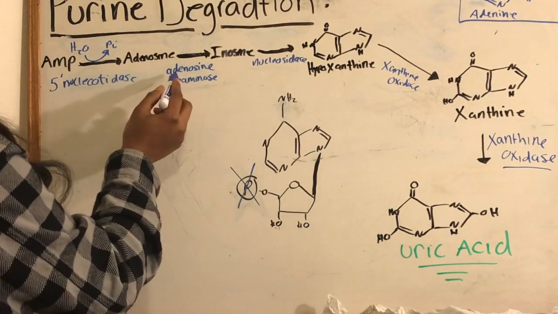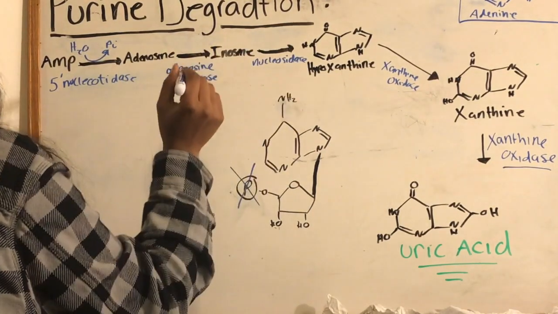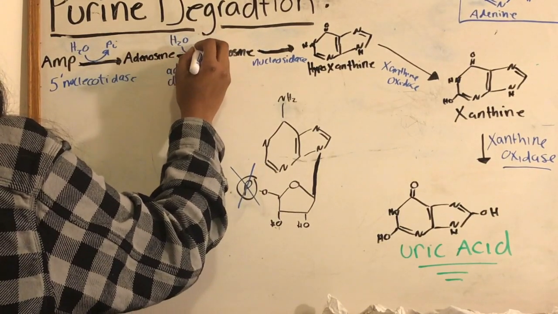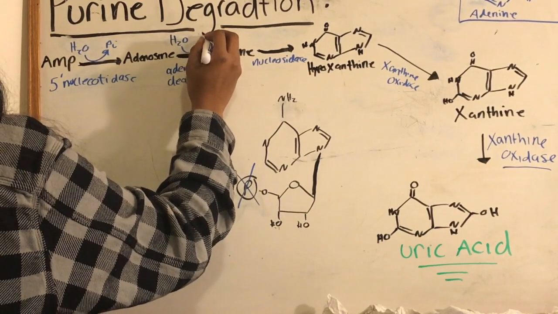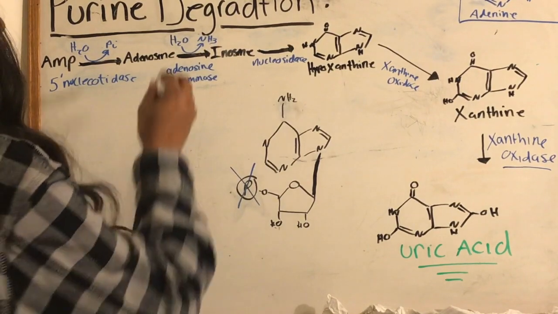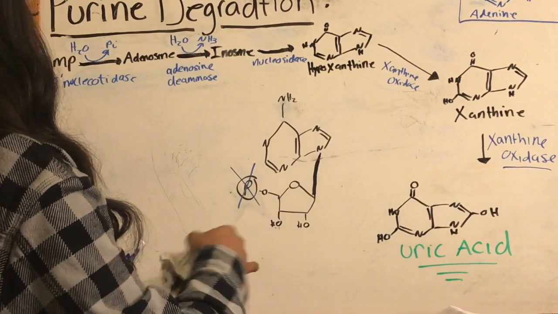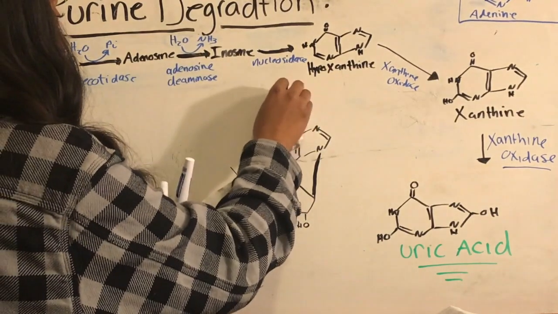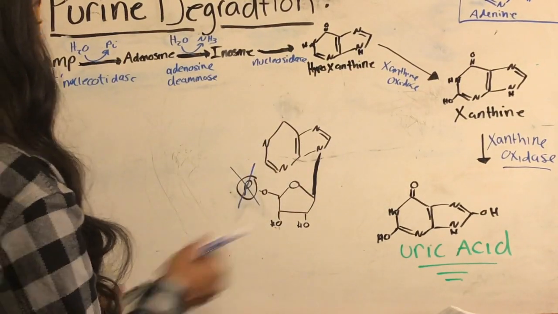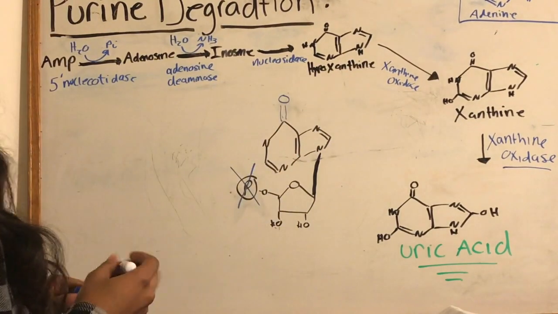Then the enzyme adenosine deaminase comes in and removes this amine group, which is also hydrolyzed, leaving the amine as a leaving group, and we are left with the carbonyl.